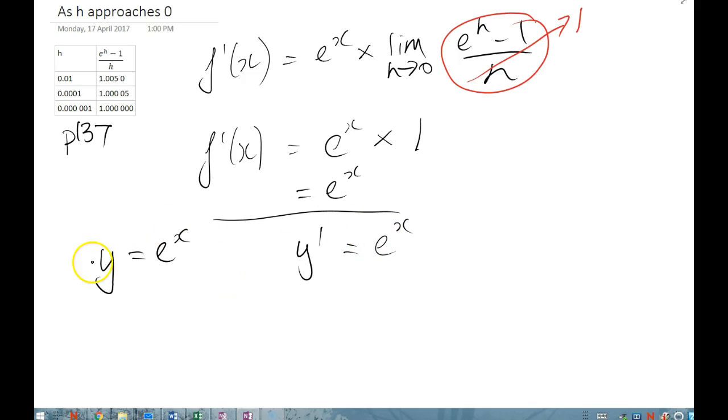Remember the notation: I could write y, or f of x equals e to the x, which would mean f dash of x equals e to the x. I've stepped you through using first principles notation and shown you that the derivative and the original function are one and the same. Hopefully that makes sense.